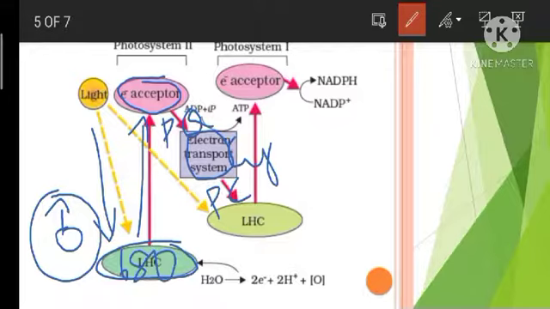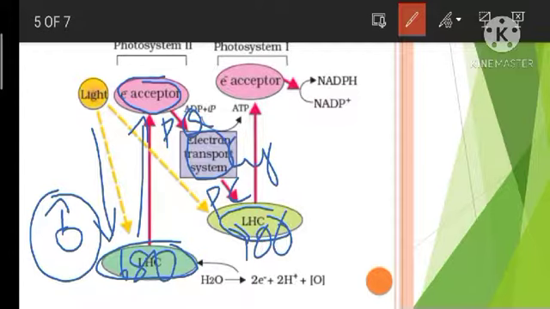The electron from the primary electron acceptor will be passed on to plastoquinone, cytochrome complex, plastocyanin, and at last it will reach photosystem 1, that is P700, which has the reaction center chlorophyll A, with the absorption maxima at 700 nanometer.